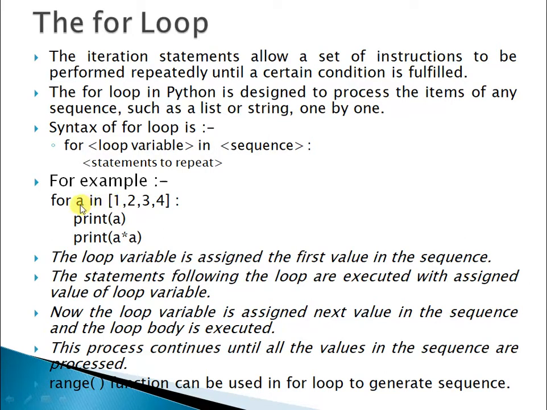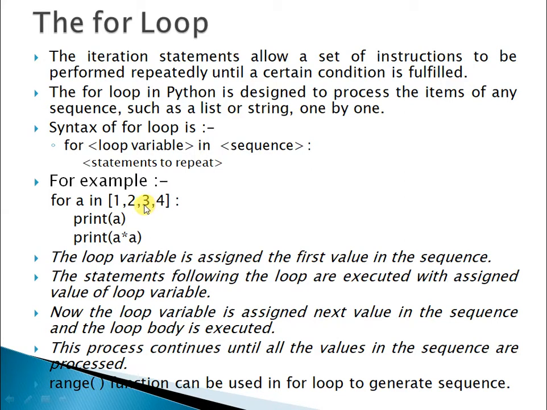First the value of a will be 1, then you will print 1 and 1 into 1, that is 1. Then you will again move here, the value of a will become 2. You again come to the body, you will print 2, and then you will print 2 into 2, that is 4. Then you will go up, still the sequence has some pending values.